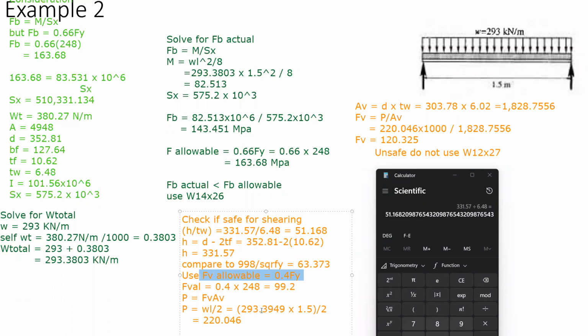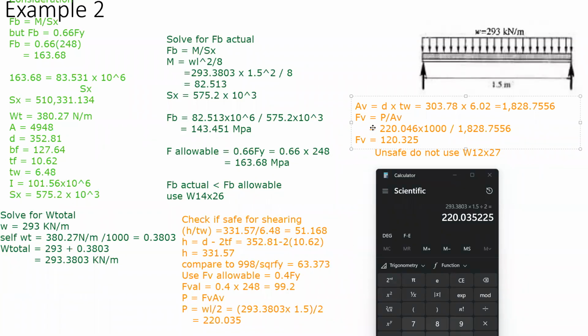This is now 293.3803 times 1.5 times 1.5 divided by 2, 220.035.